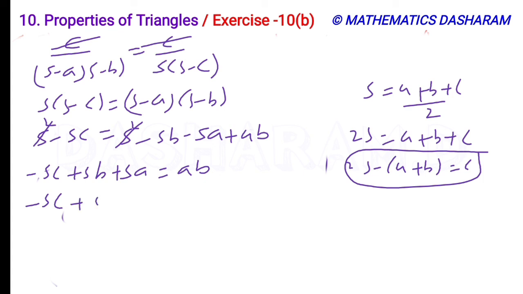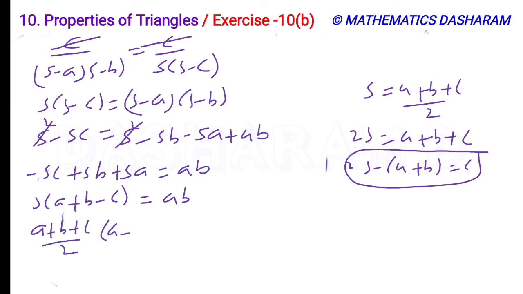Take the s common from the three terms: s into (a plus b minus c) equals a into b. But the s formula is (a plus b plus c) divided by 2, into (a plus b minus c) equals a into b.